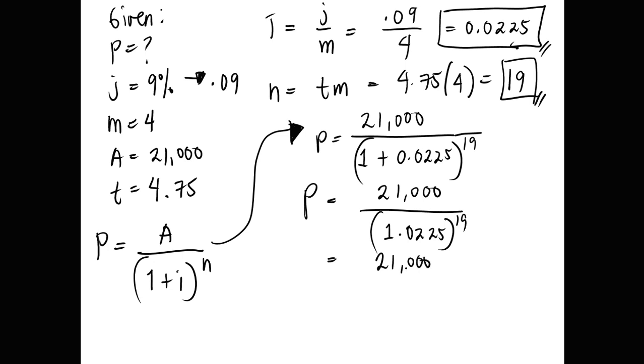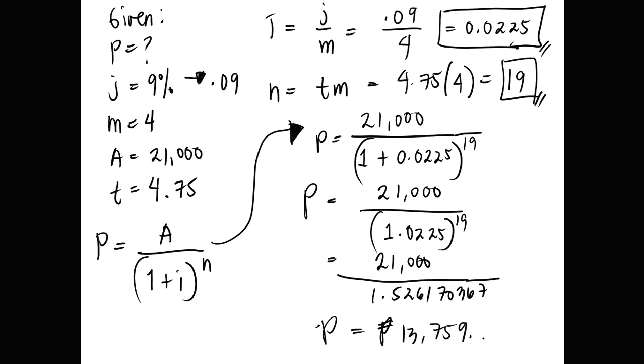So, the numerator remains 21,000. 1.0225 raised to 19 is 1.526170367. And then divide. Final answer will be 13,759 pesos and 93 centavos.